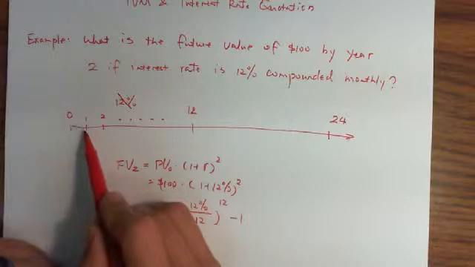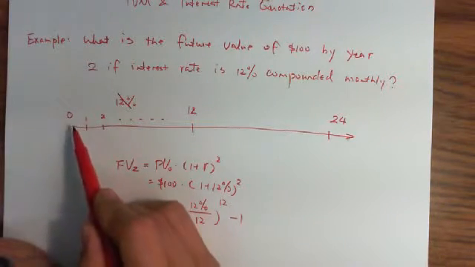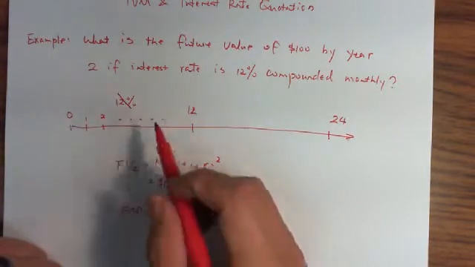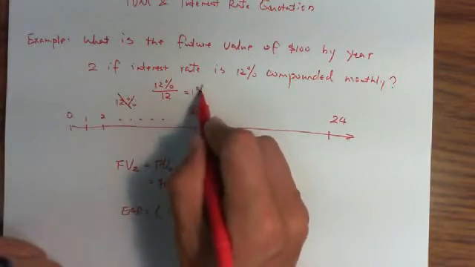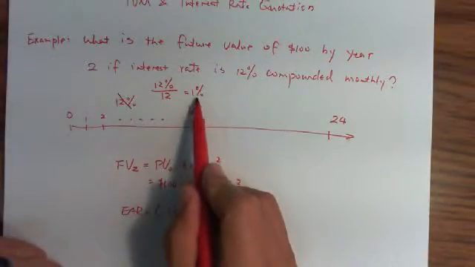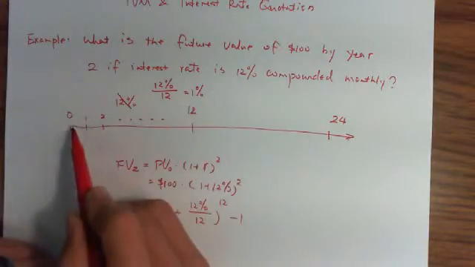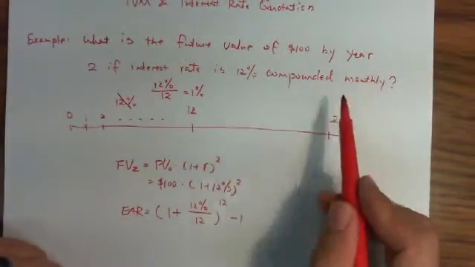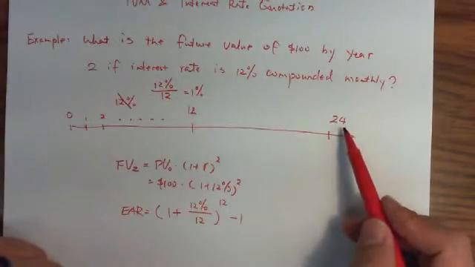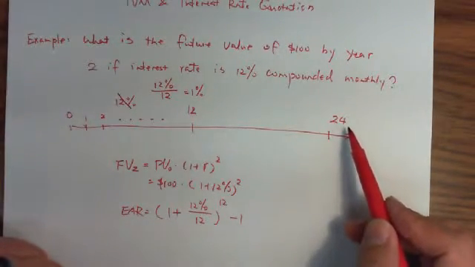Now, each period, there is going to be one interest, which is 12% annual rate divided by 12, which is 1%. So we are going to use 1% as the interest rate, because that is the interest paid per month, according to the quotation. And then we are going to use 24 as the number of periods.